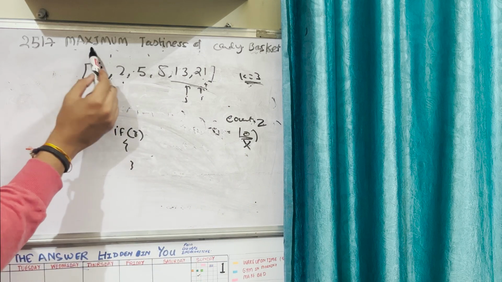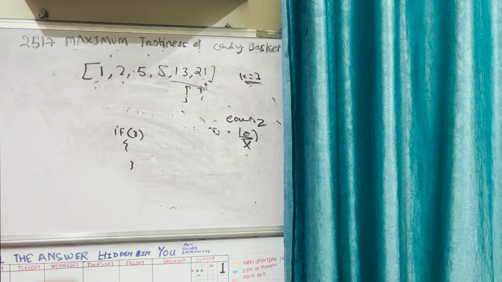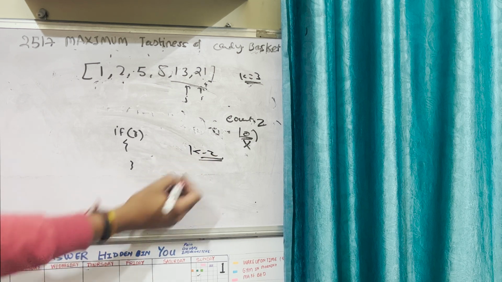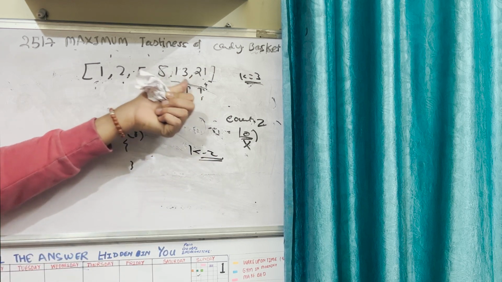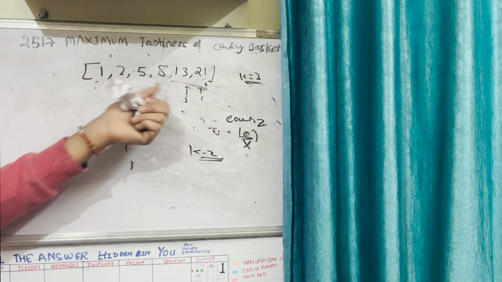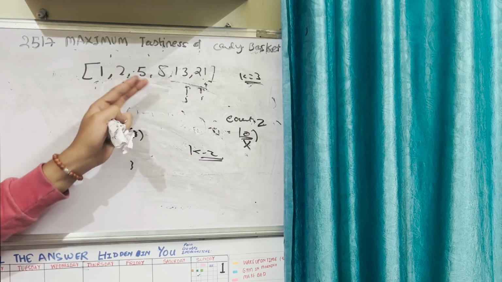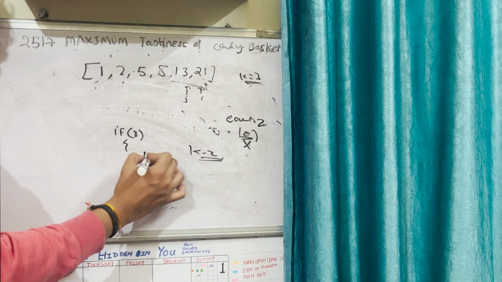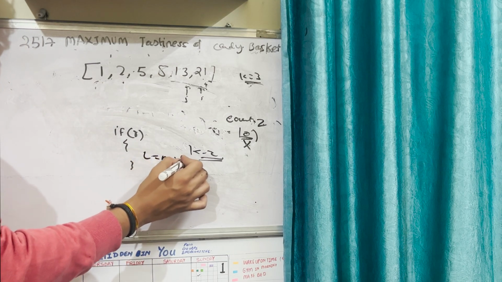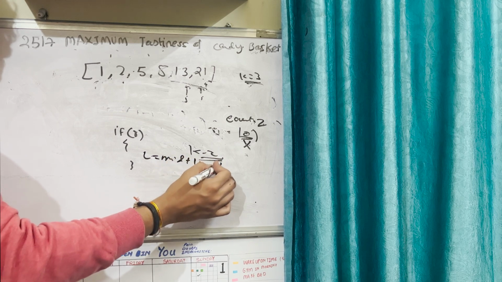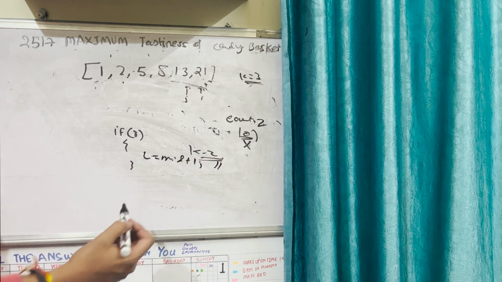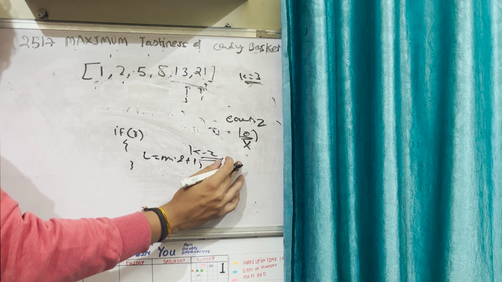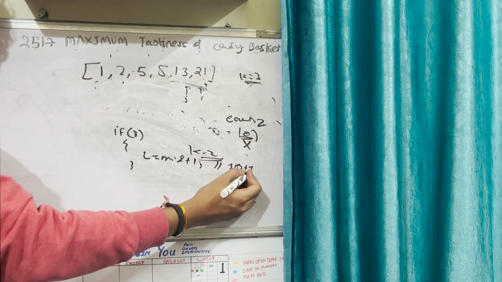As you have to maximize the tastiness, so we will select another k minus 2 values somewhere here, on the right hand side if it was 10. So what you will do is left equals mid plus 1. Mid was 10 in the last case, so we'll look for 10 plus 1, which is 11.